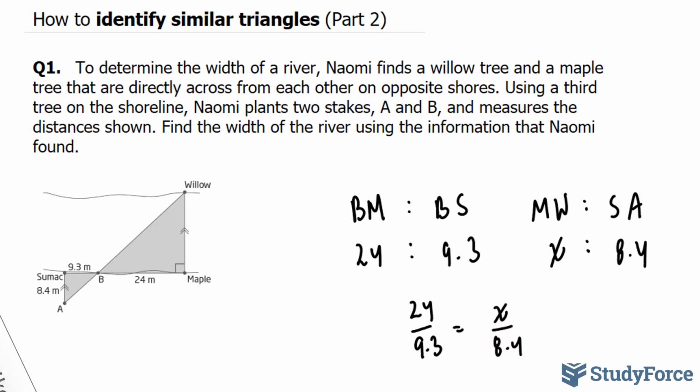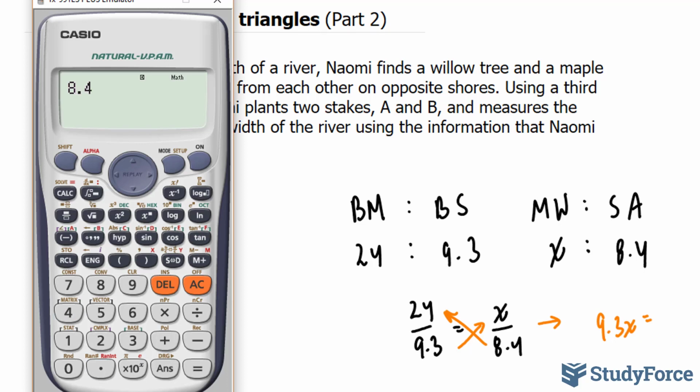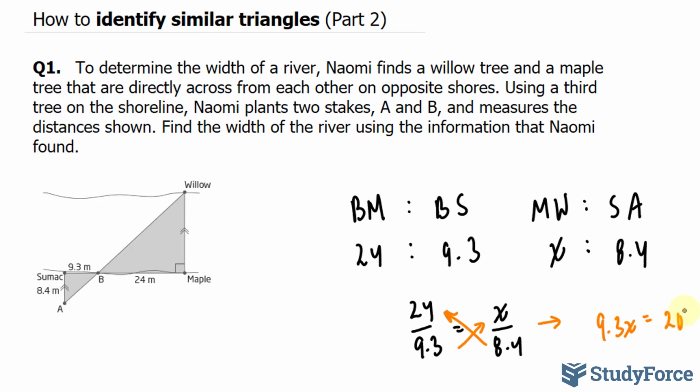This is a simple cross multiplication problem. I'll cross multiply where 8.4 times 24 is equal to a number, and 9.3 times X is equal to 9.3X. Let's go ahead and find out what 8.4 times 24 is. That is 201.6.